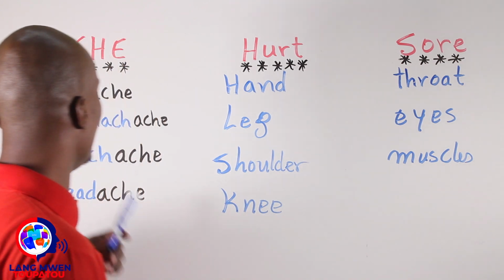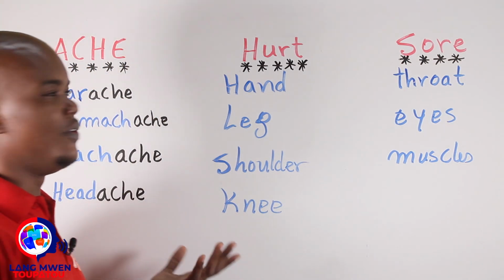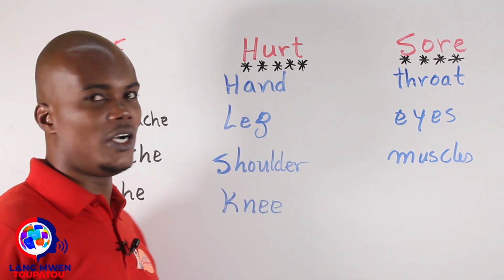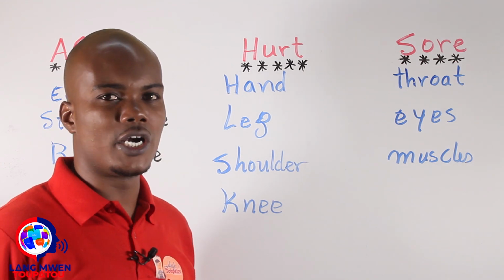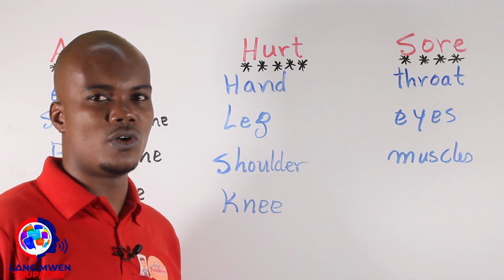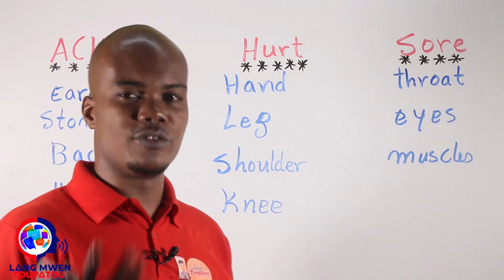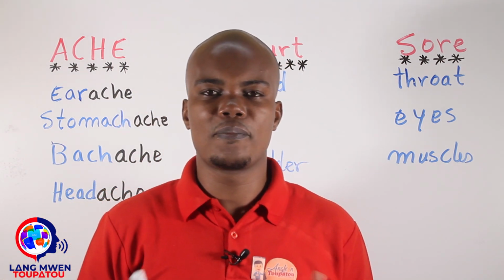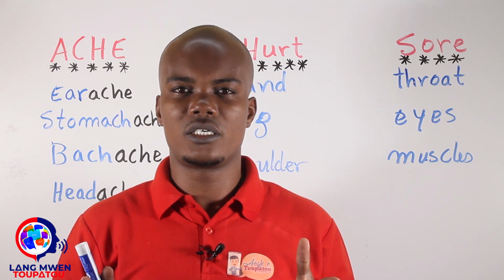Now you can say all of them. You say ache. You say this as hurt. And you say this as sore. Okay? Ache, hurt, sore. Can you say after me? Ache, hurt, sore.